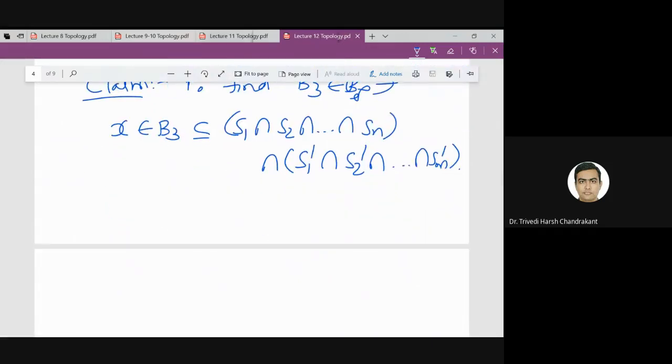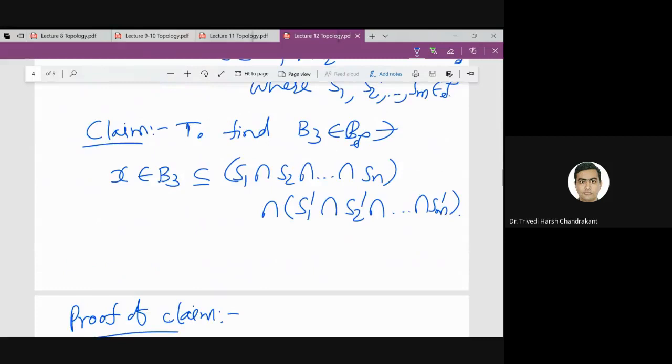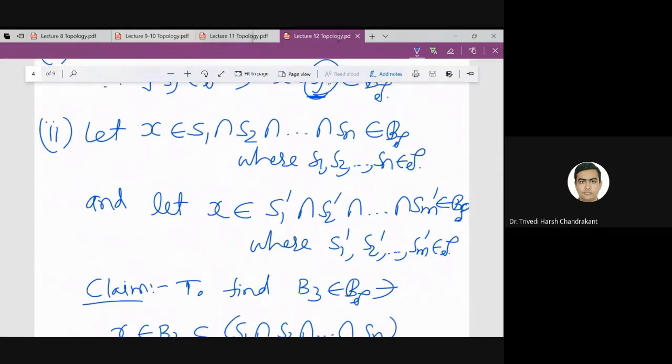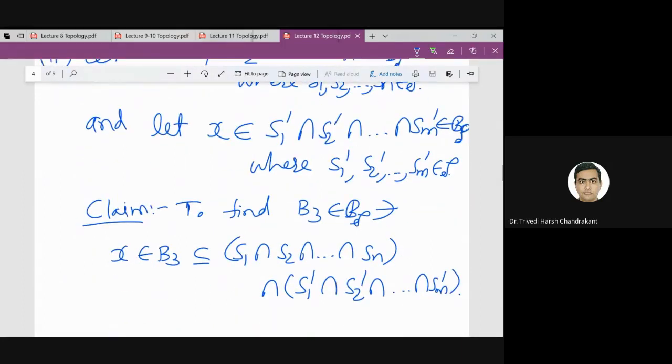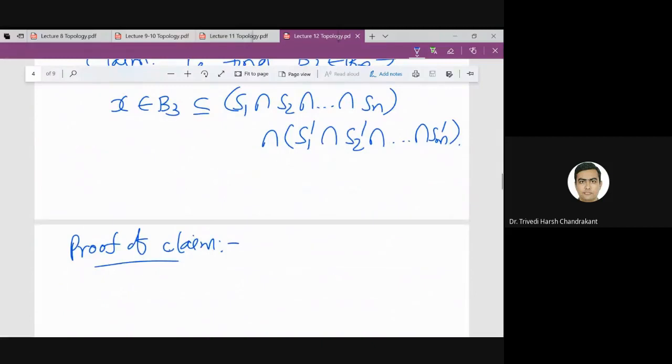So let us try to prove this. This is the proof of the claim. If I have two sets and I want to find a set which is contained in both, the set is the intersection of these two sets, right? So if I take the intersection of these two sets, then what will I get?